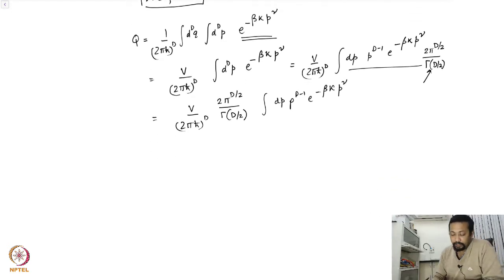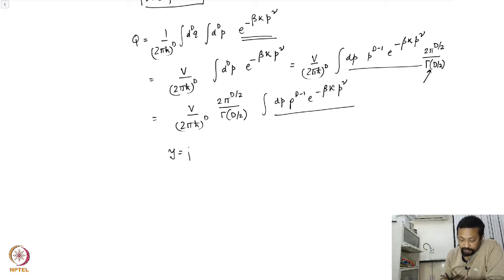Good. Once I have this, I now want to evaluate this integral, but for that let me substitute y as beta kappa p to the power nu. So that dy is beta kappa nu p to the power nu minus 1 dp, which is equal to nu times y dp over p.